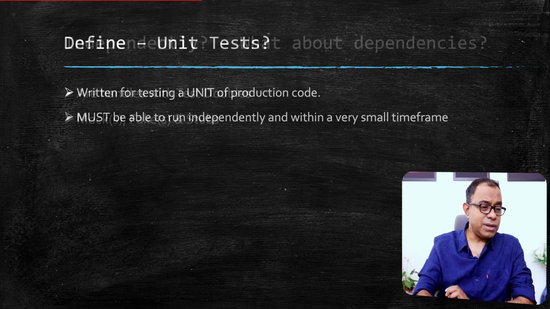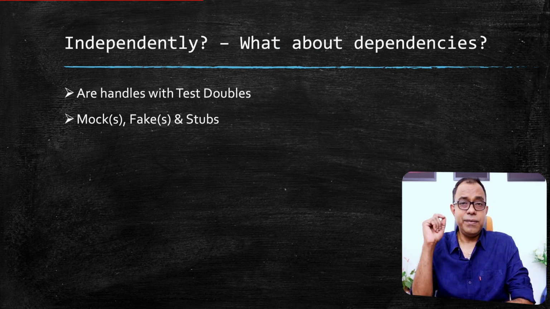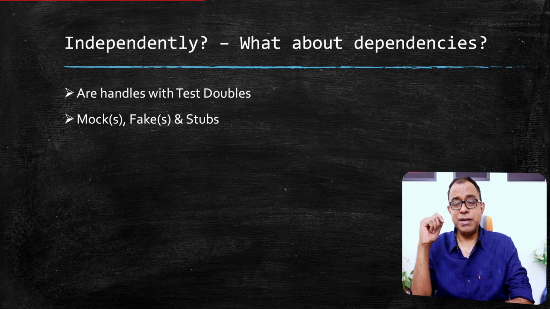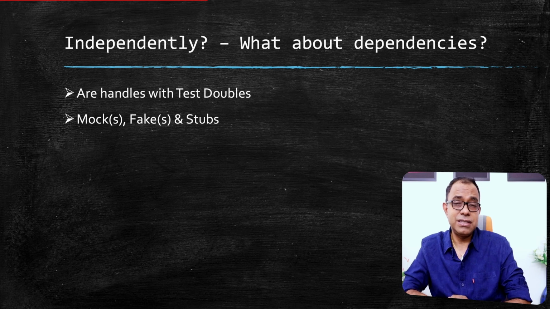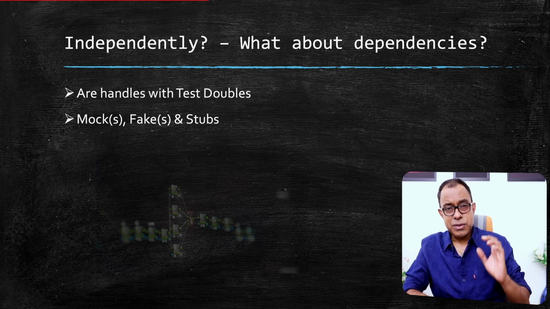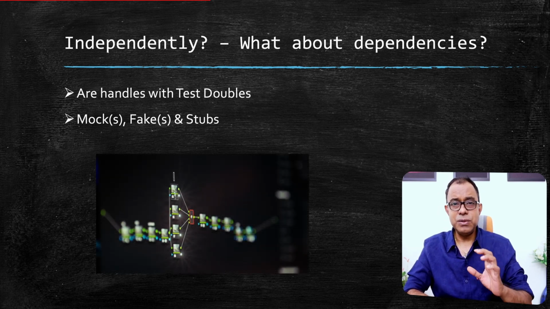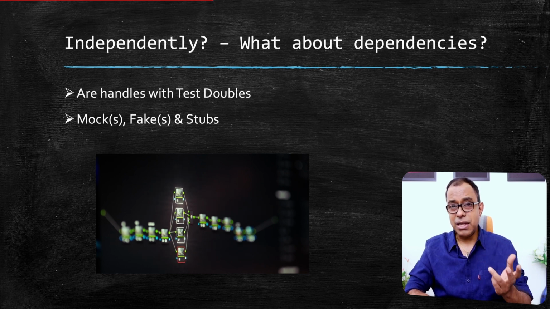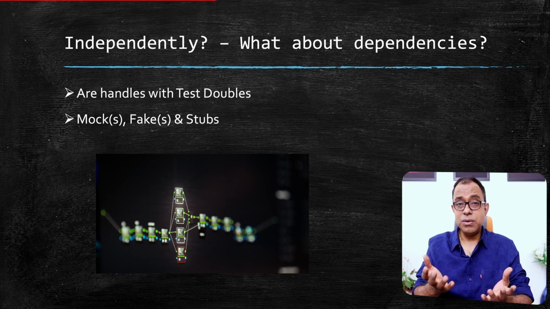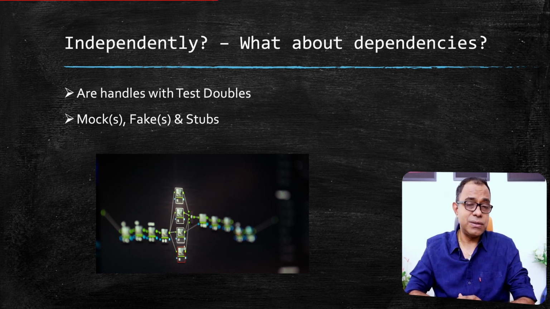Now, when we talk about independence of unit tests, this is one place where many people ask lots of questions, and those are valid questions. Most often than not, the code that is written is not purely independent. It is dependent on many other things. The modules are dependent on other modules. Okay.